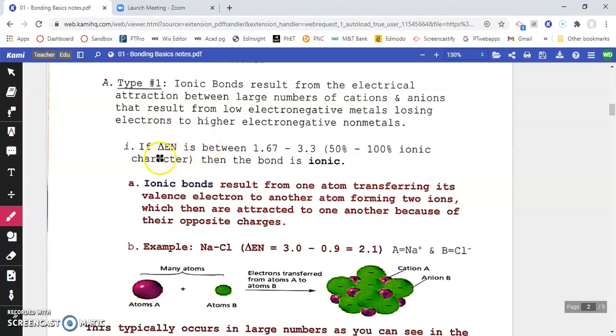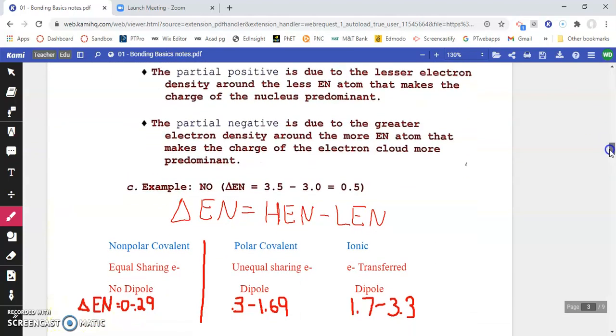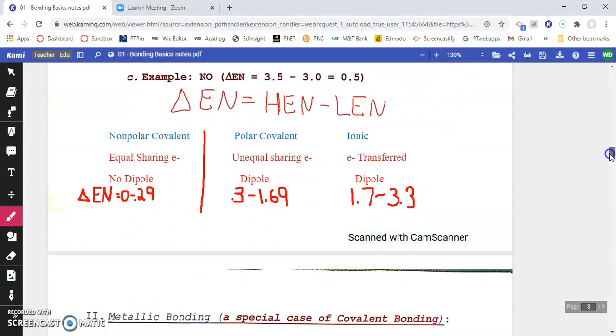This symbol, delta EN, delta stands for the difference in electronegativities. So how do we calculate the delta EN? The delta EN is calculated by taking the electronegativity values for any two atoms that are going to bond with each other, whether that's ionic or covalent, taking the higher electronegativity value minus the lower electronegativity value.